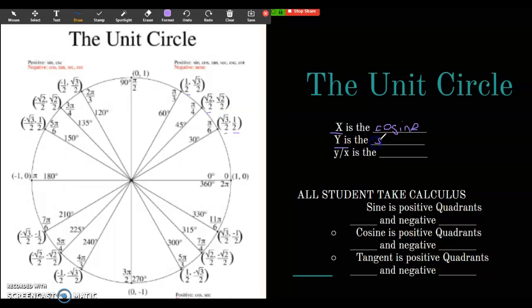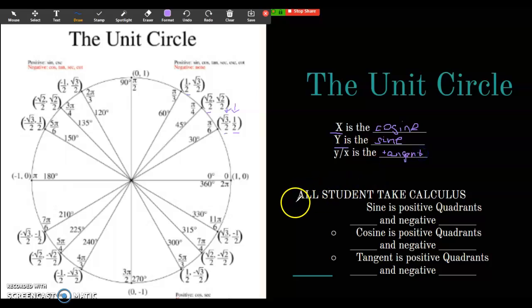So every y terminal point is going to be the sine value for that angle. If we take the y and divide it by the x, that is going to give us the tangent of theta. Okay, so that's our tangent.